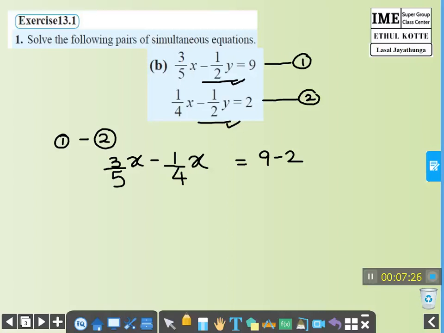Now to subtract these x terms, we need again a same denominator. 5 and 4. What same denominator? Yes, 20. To make 5 as 20, times 4, 3 times 4, 12x. To take the other one, times 5, 5x. 9 minus 2 is 7.